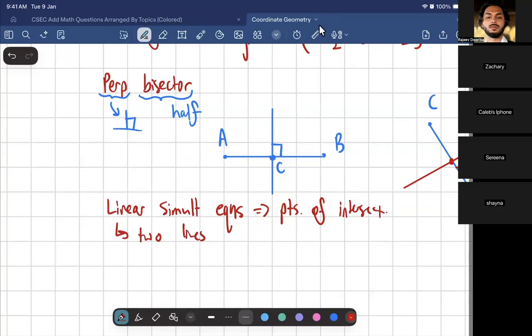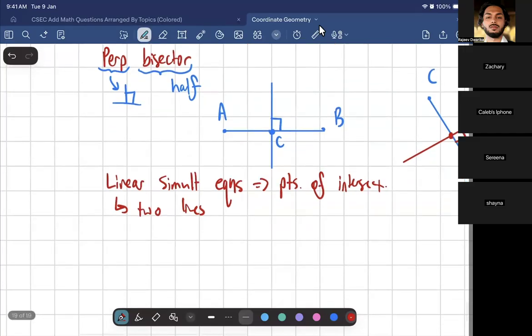All right, Caleb, do you know how to handle simultaneous equations? Yes or no? Yes. What are the two known methods? Tell me.